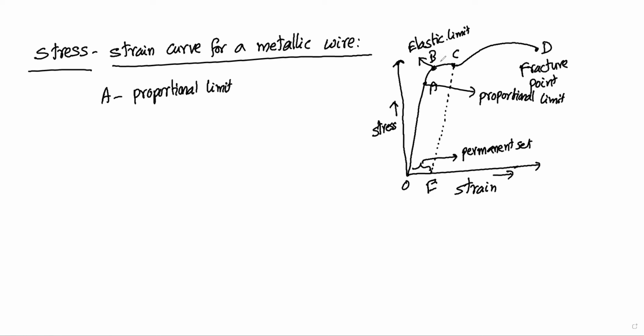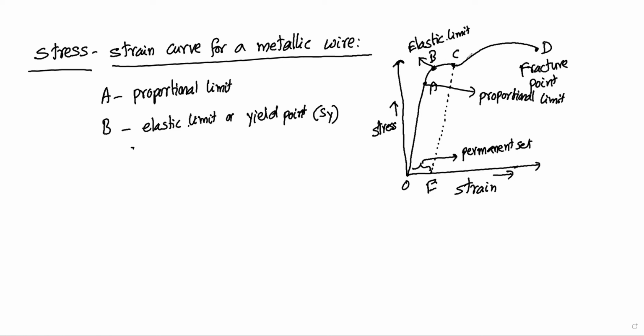At point B, the elastic limit or yield point. The stress corresponding to the yield point we call the yield strength. At point B, this is the yield strength S_Y.